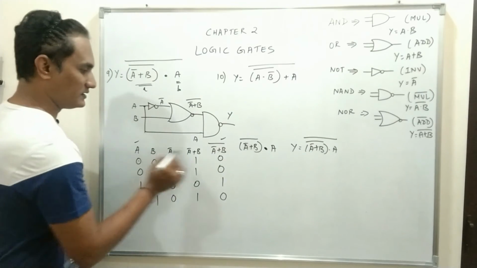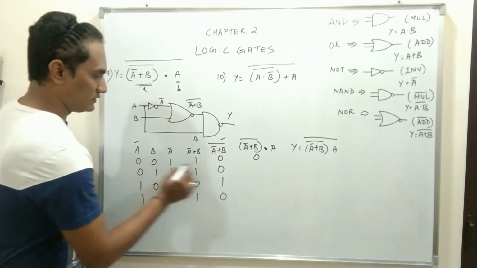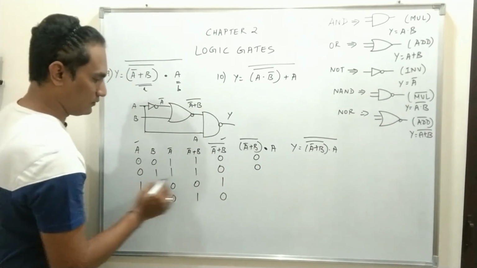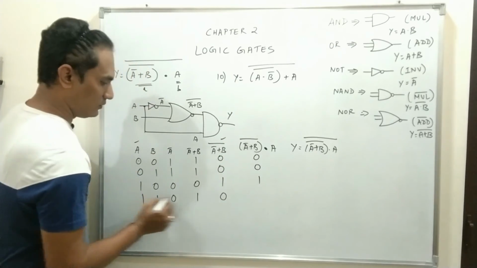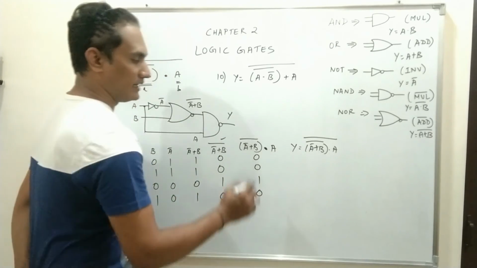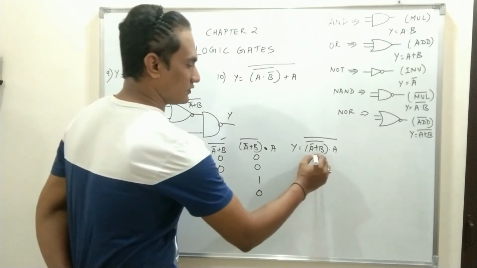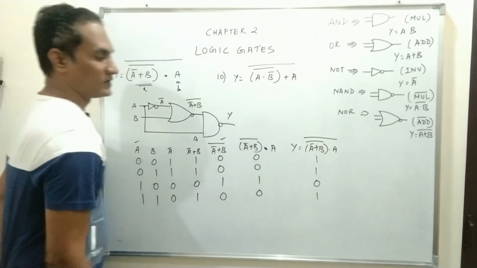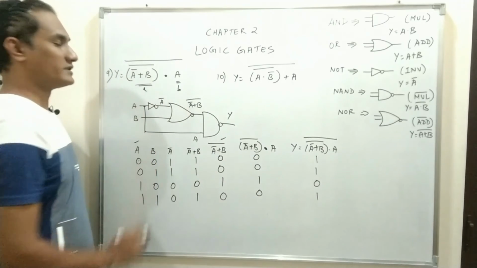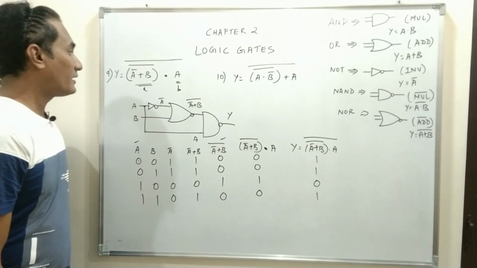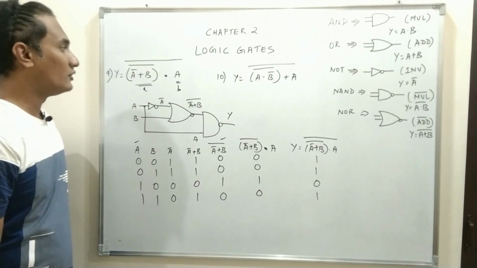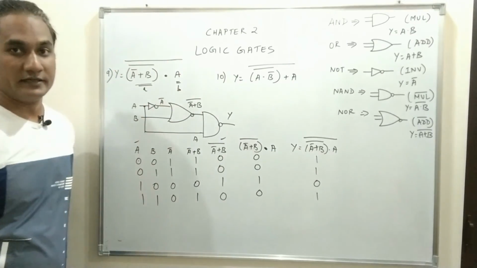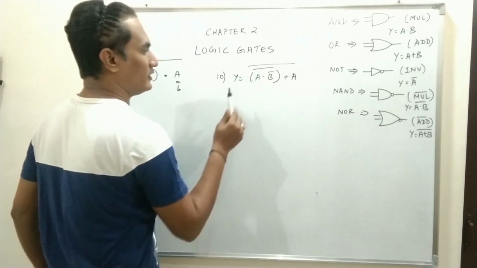So AND logic will be 0 0 0 0, 0 0 again, 1 1 1 1, 0 0 again, and then Y is the complement of this. So it will be 1 1 0 1. So this is your output for the equation Y is equal to A bar plus B whole complement dot A whole complement. So Y is equal to A dot B.